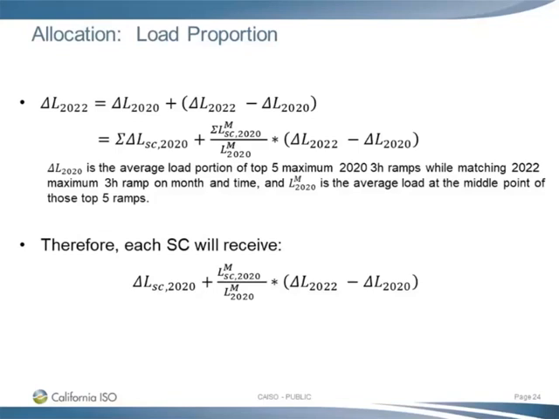That's the allocation formula used for the last 2 years. This is the 3rd year we're going to apply the same formula, with no change. So I pause here for questions or suggestions.